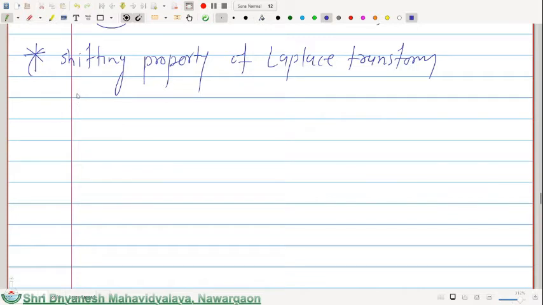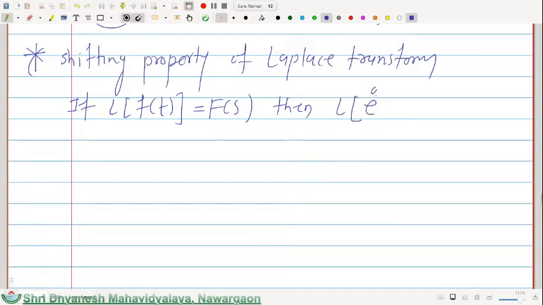So what is it? If the Laplace transform of a function f of t exists, then the Laplace transform of e to the power at f of t will be F of s minus a.